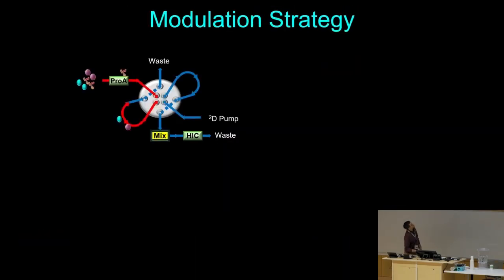Okay, so the modulation strategy that we employed, we'll call the light green salt sugars, the IgG in the middle here, and the exosomes in pink. And so as the sample is loaded and the supernatant passes through the ProA column, the IgG is adsorbed while the effluent begins to fill the first sample loop.